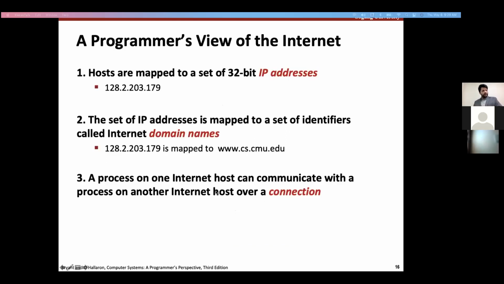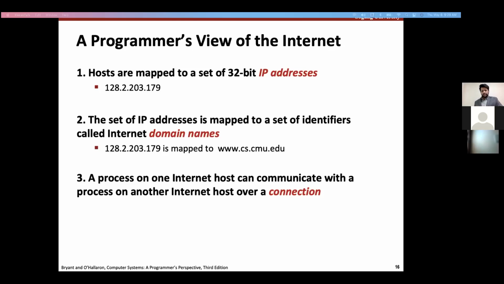So how does a programmer look at the internet? There are two or three things that a programmer cares about. The first thing is that all the hosts on the internet are mapped to a set of 32-bit IP addresses.